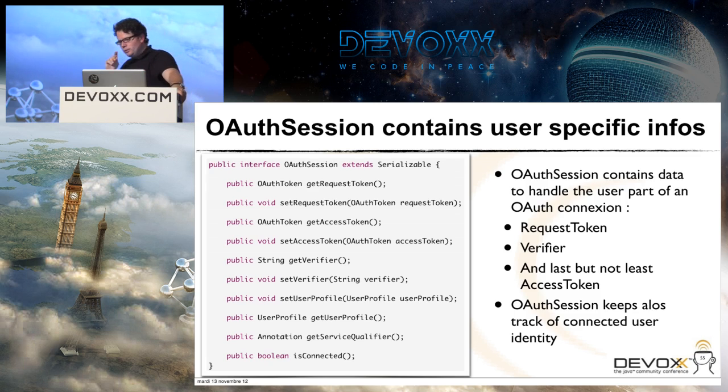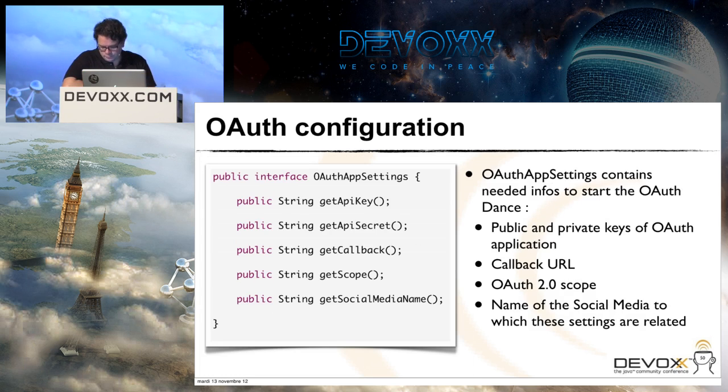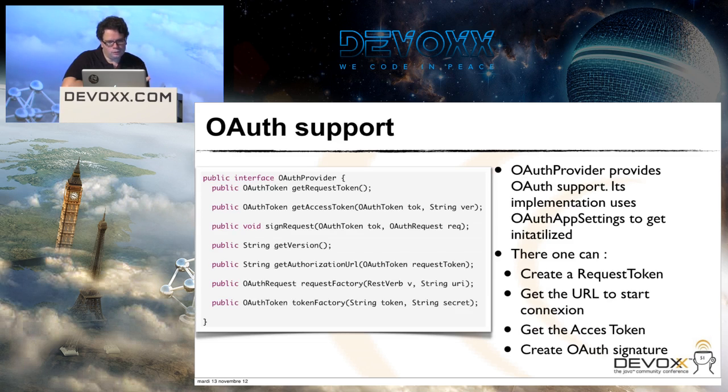So in the auth session, another interesting point. All the other components we saw before, the auth configuration is shared across the application. Auth provider is shared across the application. There is one auth provider for each social service.